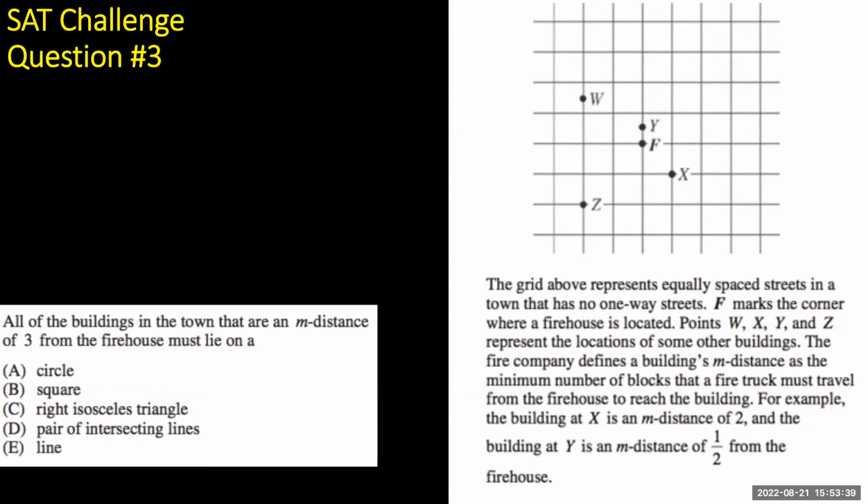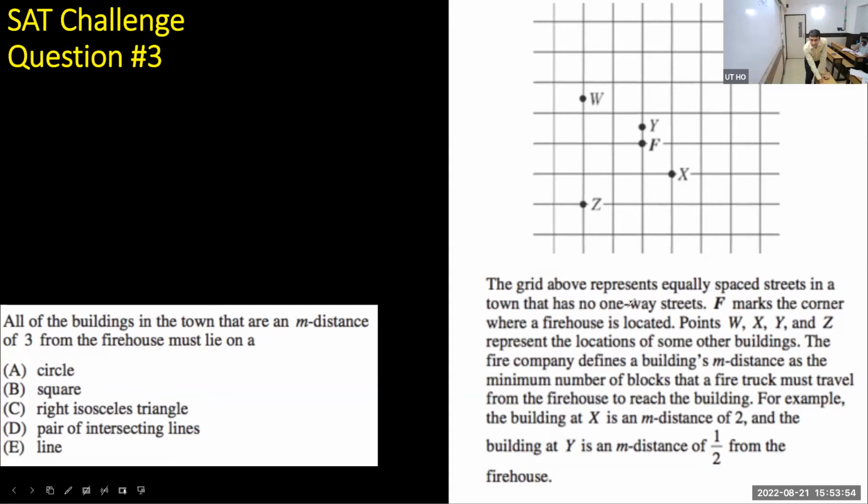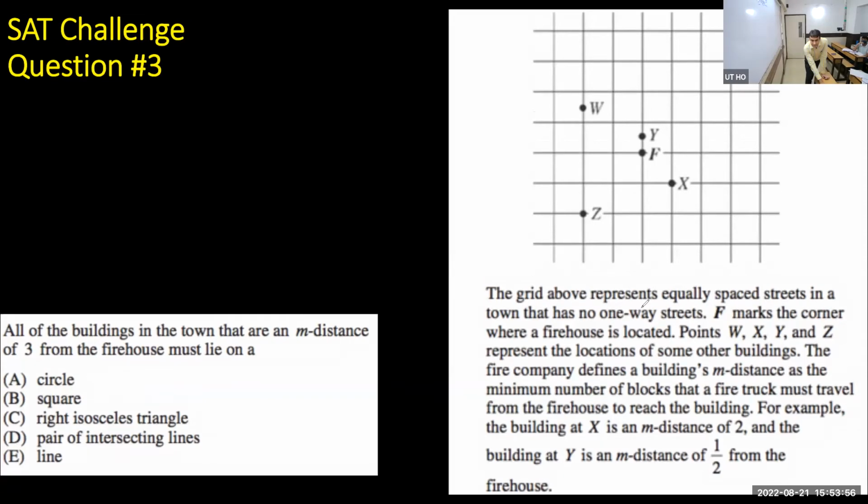Sir, what does this line mean, that has no one-way streets? Equally spaced streets in a town that has no one-way streets. What does that mean? So the grid above represents equally spaced streets in a town that has no one-way street. Saradas, what does this mean? No one-way street lane.